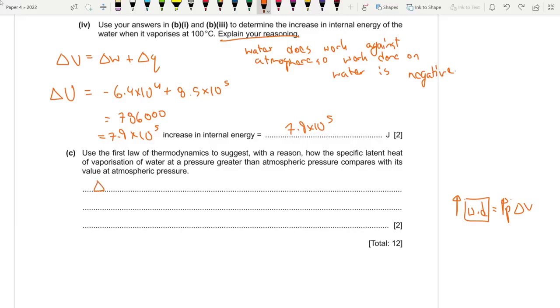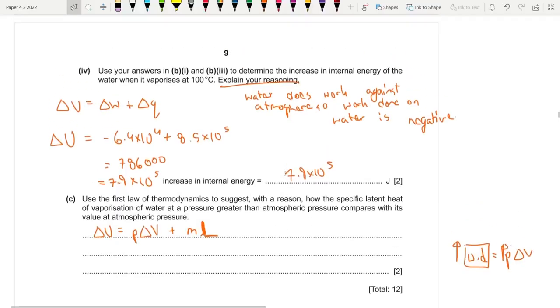So the first law states that del U is equal to P del V, the work done by the gas, plus ml. Okay, ml basically. So some things remain unchanged here. Okay, some things remain unchanged.